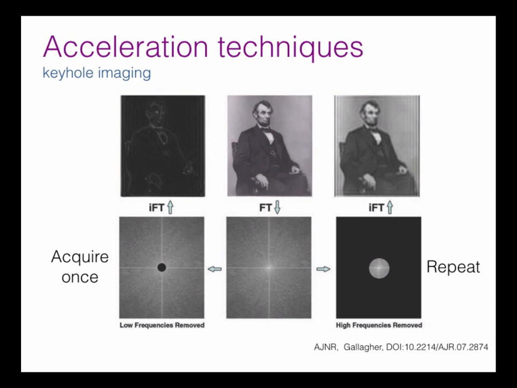They might acquire the edges of K-space once or infrequently, and then substitute different chunks from the center of K-space over and over again. It's not really a very good way to do it. The images you're really getting are like this, and you're trying to enhance them using some less dynamic information here, but really what you're dealing with is data that looks like this. So it's not great, but it's still done.